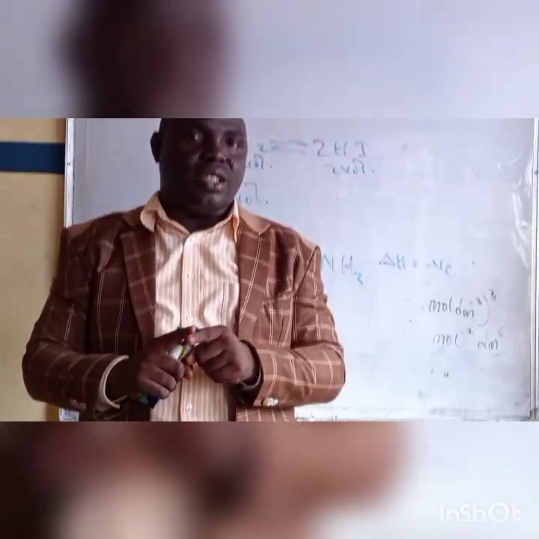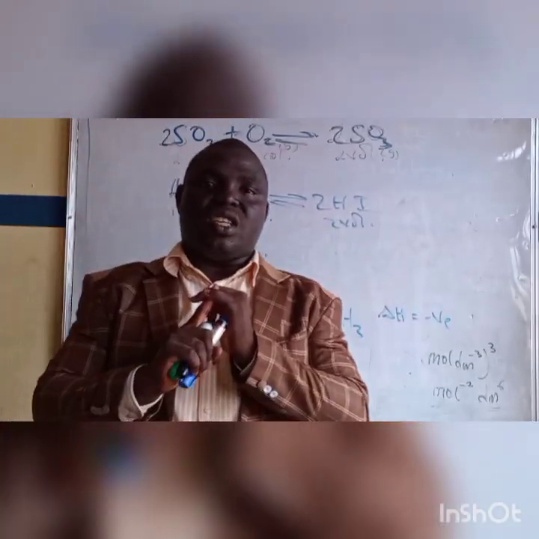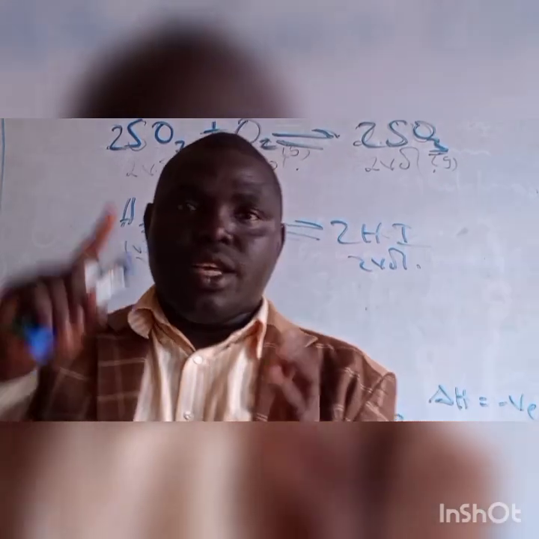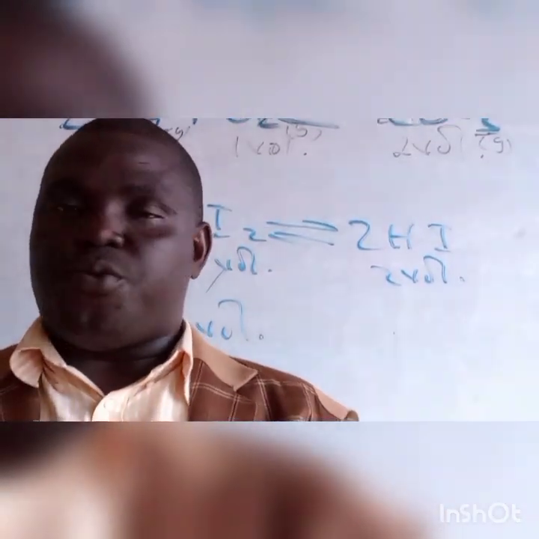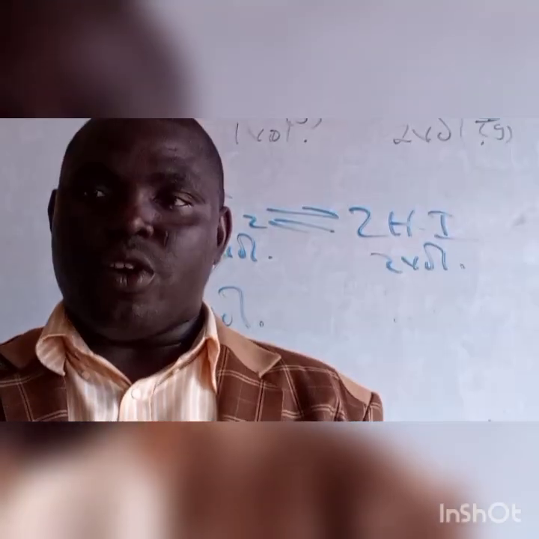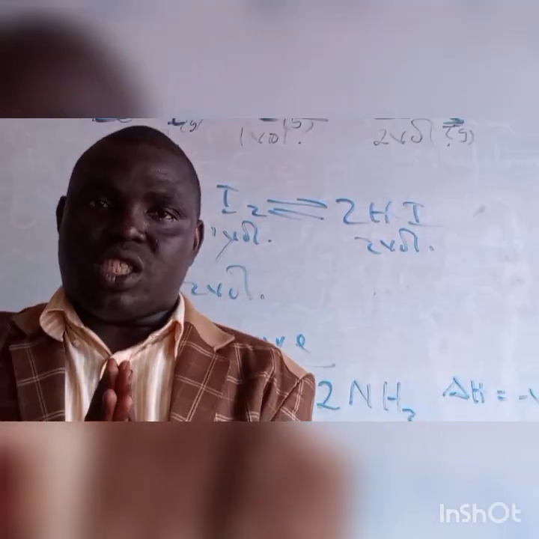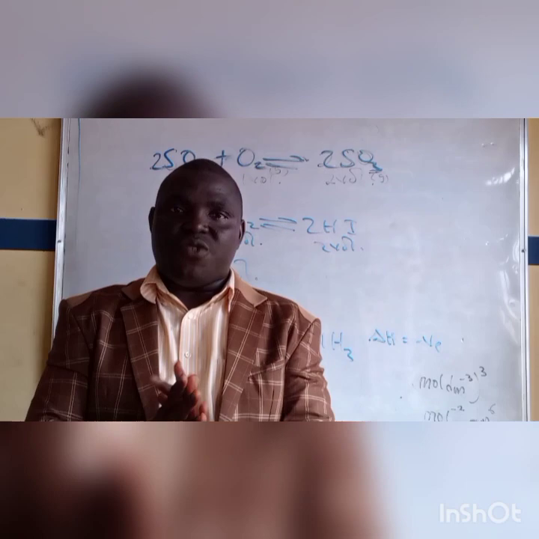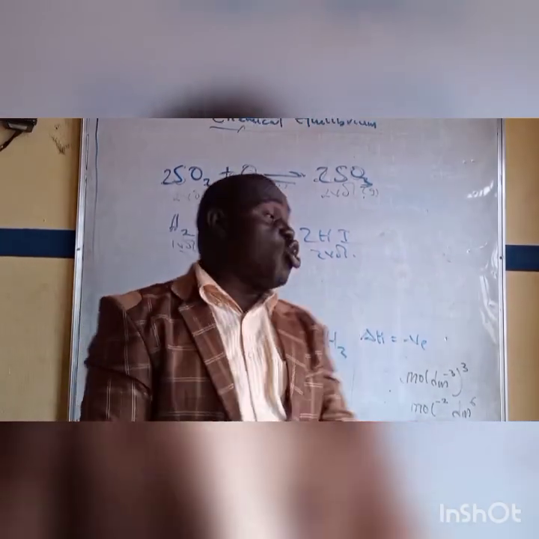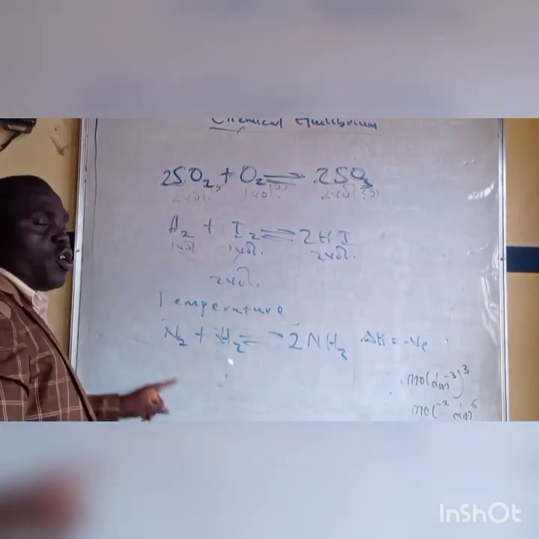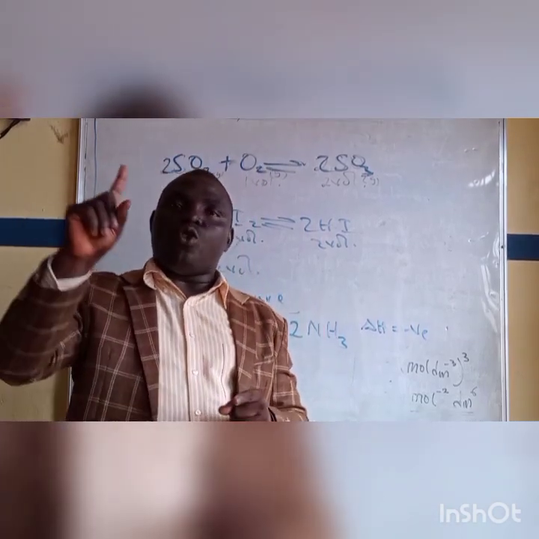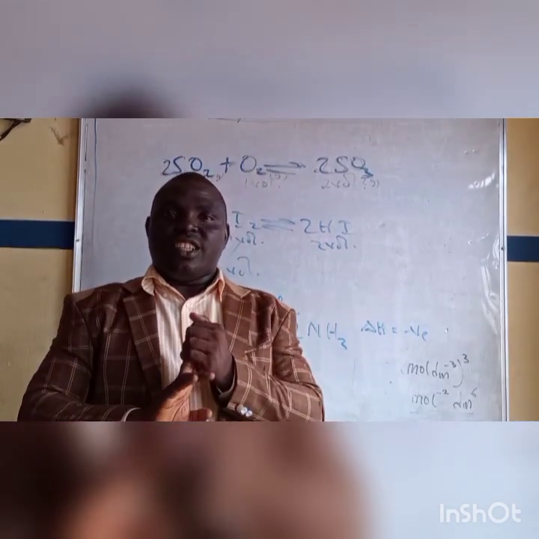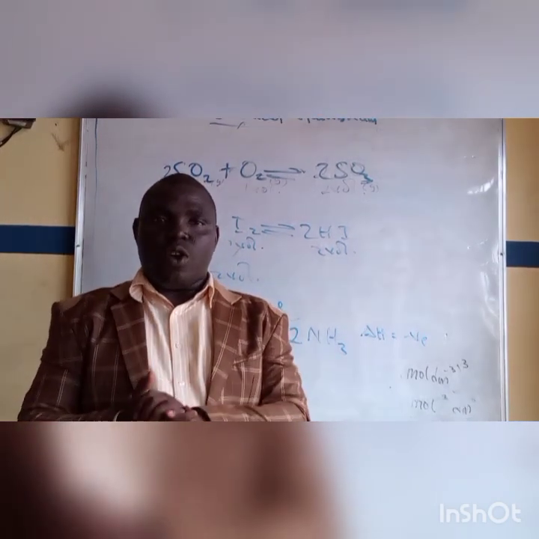That is so important. The three factors that affect the reaction in equilibrium are change in concentration, pressure, and temperature. This is very, very important. And also, you should note very carefully that only temperature can affect the equilibrium constant.